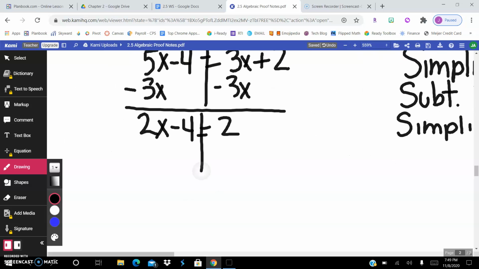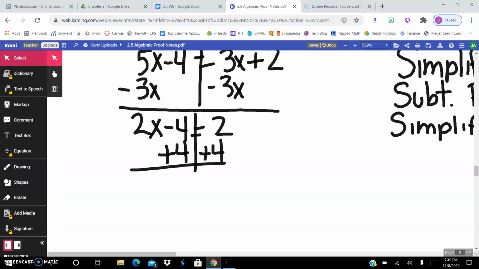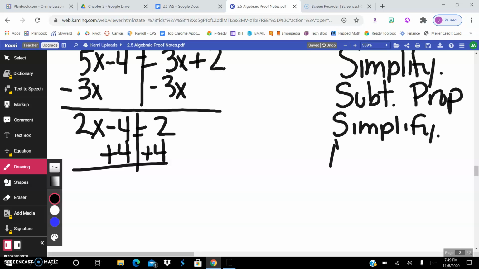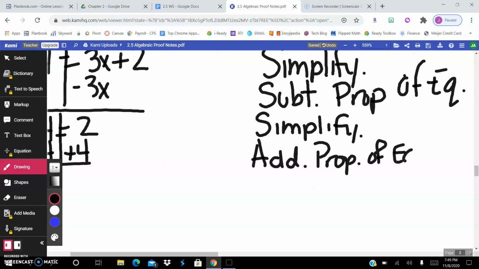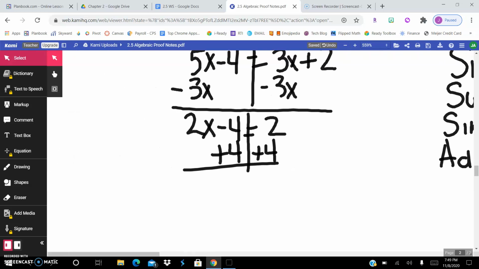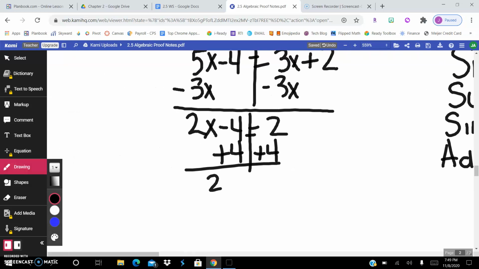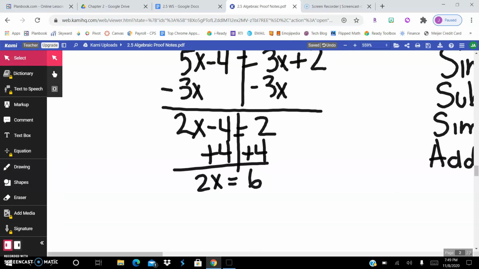And then we're going to add 4 to both sides. So that would be the addition property of equality. And then we would have 2x equals 6. So that's just simplify.